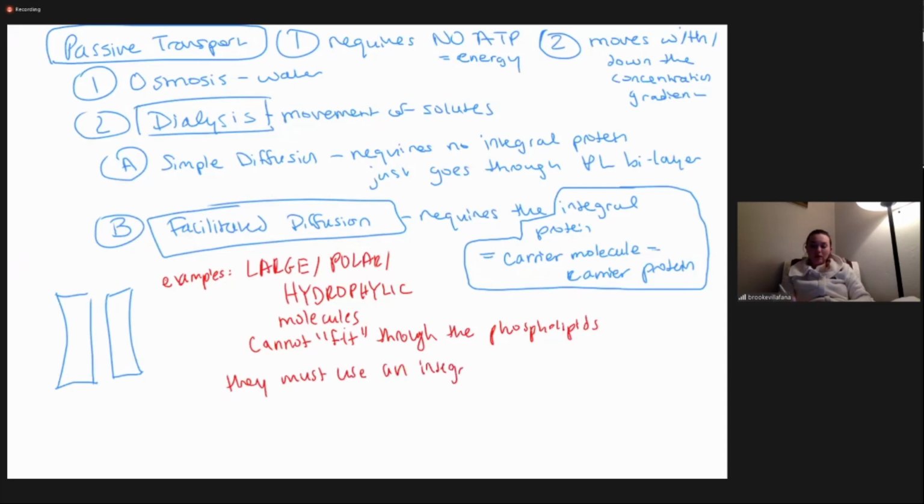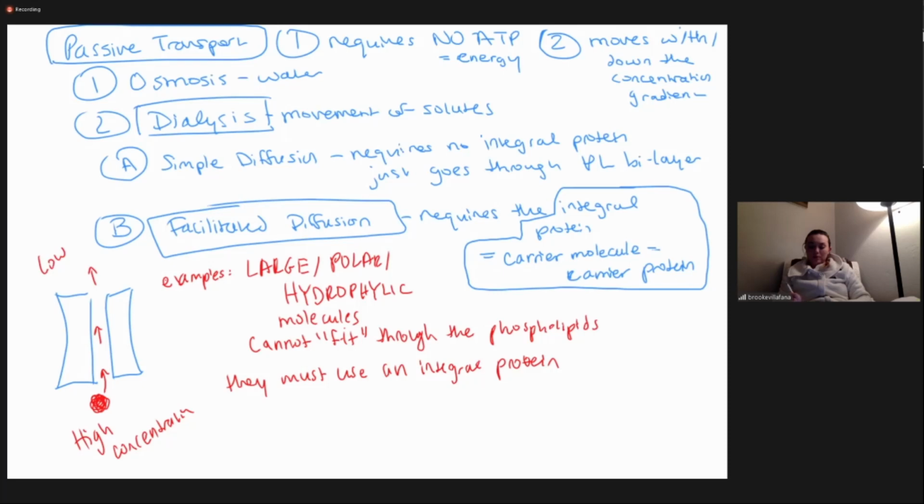So the only way they can get into the cell or leave the cell is to use an integral protein. So let's say this is my glucose molecule. It's going to go through that integral protein. It's still going to go from an area of high concentration to an area of low concentration.